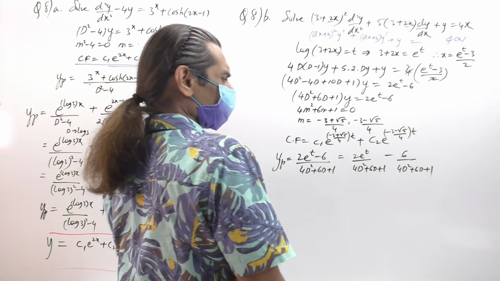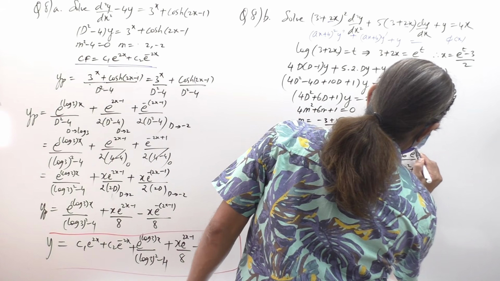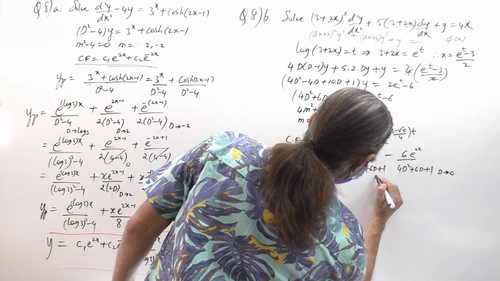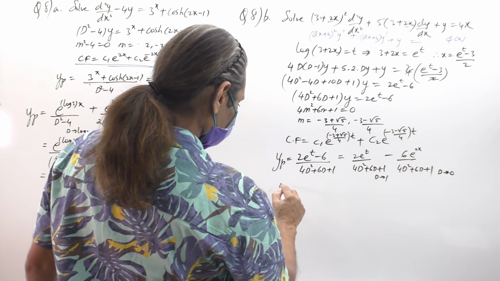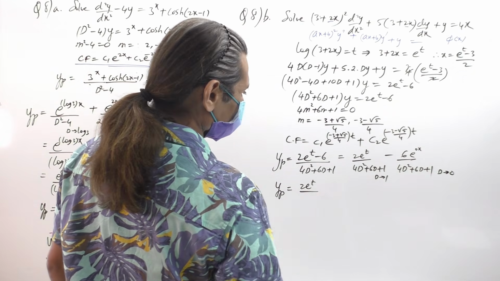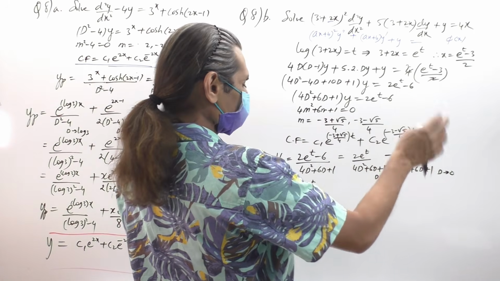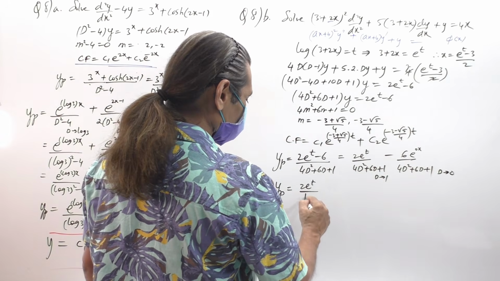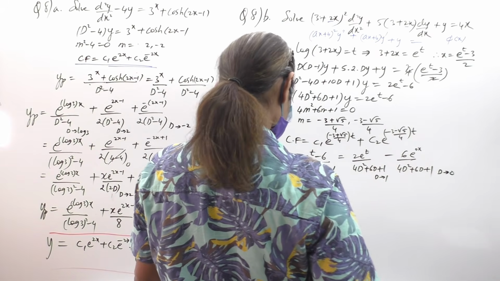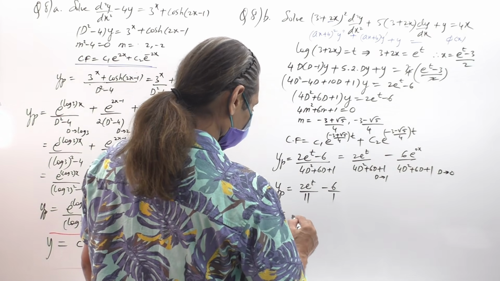When the numerator is constant, it is type 1, or we can write it as e raised to 0x, because e raised to 0x is 1. So replace D by 0 here, and for type 1 replace D by 1. So the particular integral yp becomes 2e^t by 4 plus 6, 10, and 1, that is 11, and here minus 6 by, in place of D put 0, it will be 1.